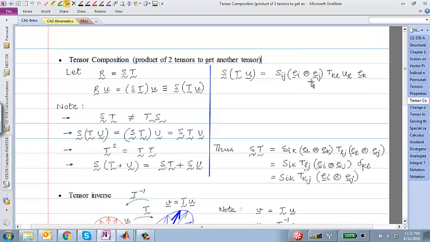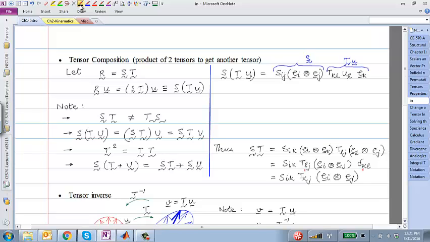And then on the left-hand side of that, I have this tensor S, which I'm writing in the tensor basis, S_ij E_i dyad E_j. This entire thing is the tensor S. This entire thing is the tensor T acting on the vector U. If I try to simplify that, then we are done.